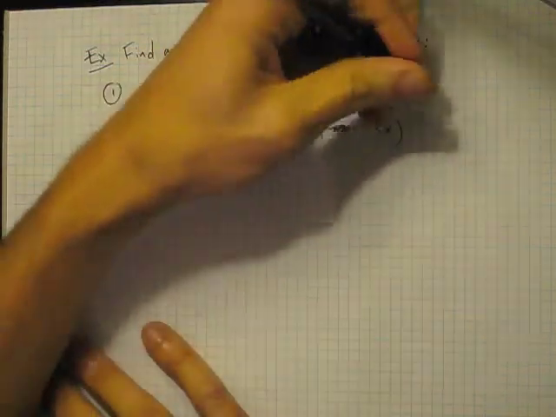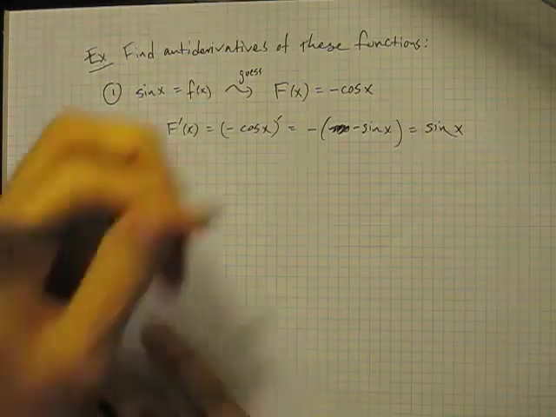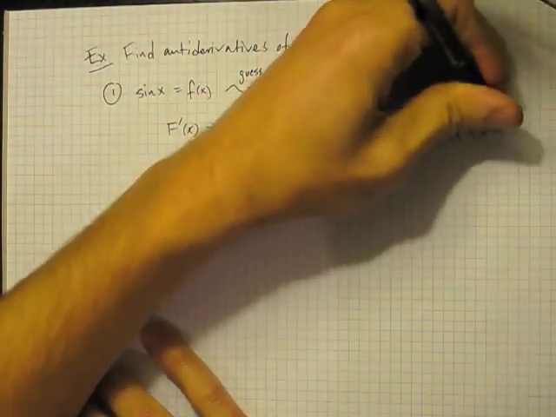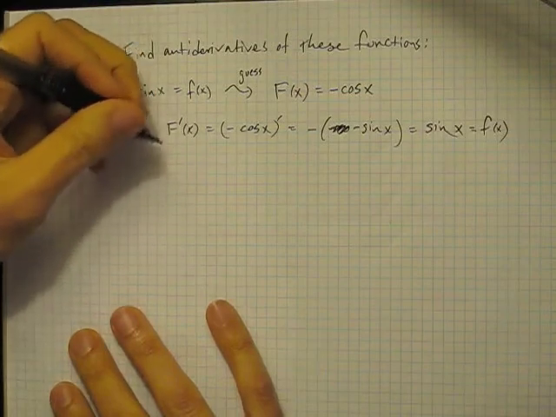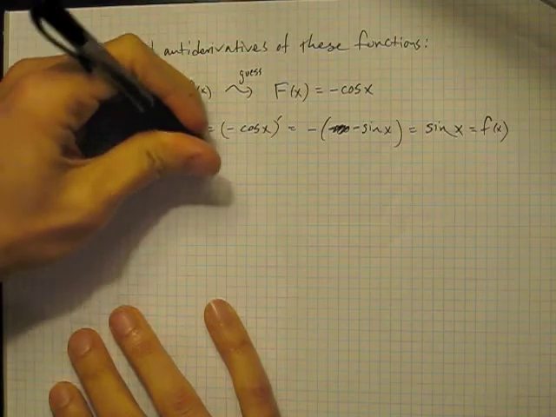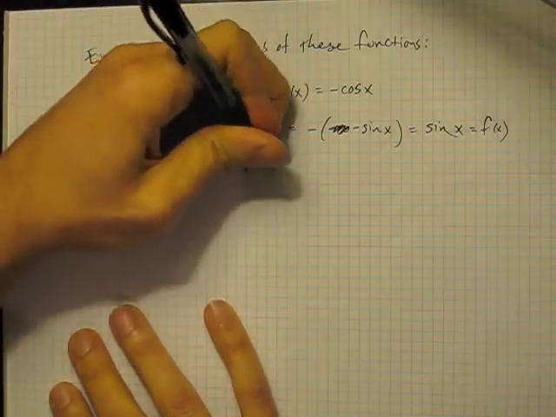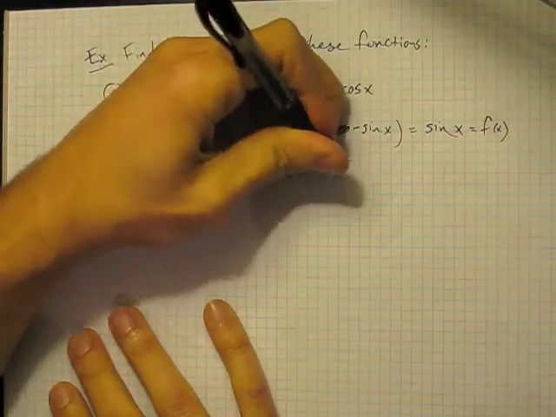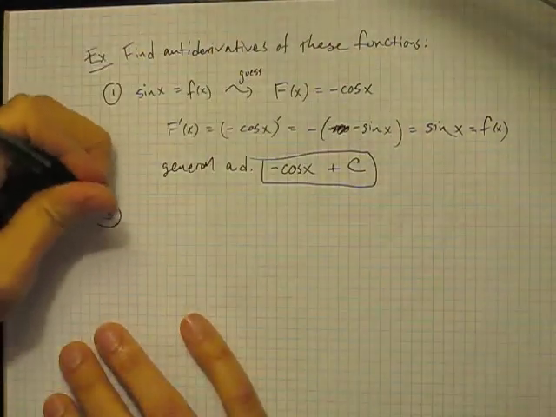And then these two minus signs will cancel, and we get sine of x. So there, we've just verified that minus cosine of x is an antiderivative of sine of x. So the general antiderivative is minus cosine of x plus c. Okay, so there's one example.